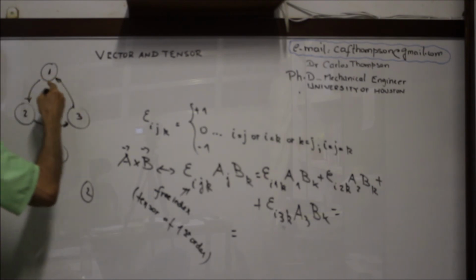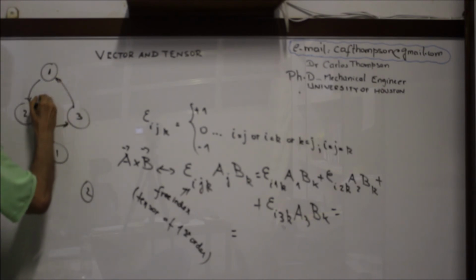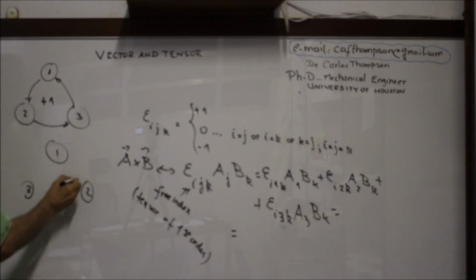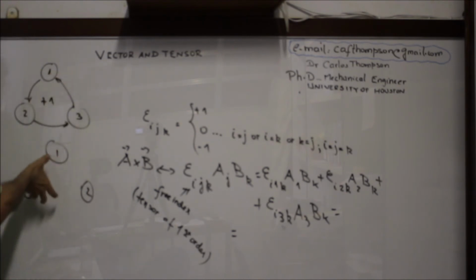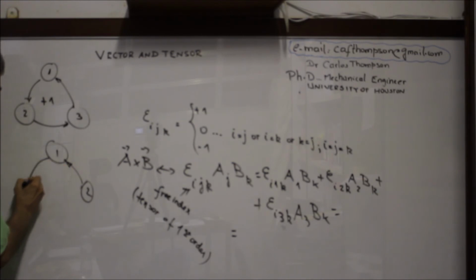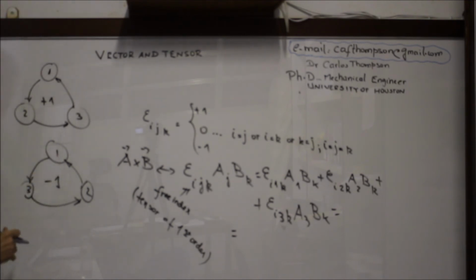If I move counterclockwise, this is plus 1. Now for 2 to 1, I go this way, and this is minus 1, like we did before.